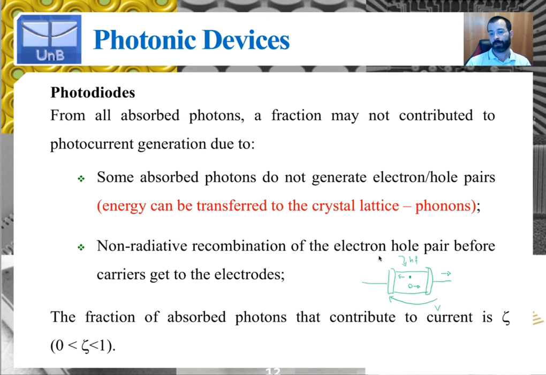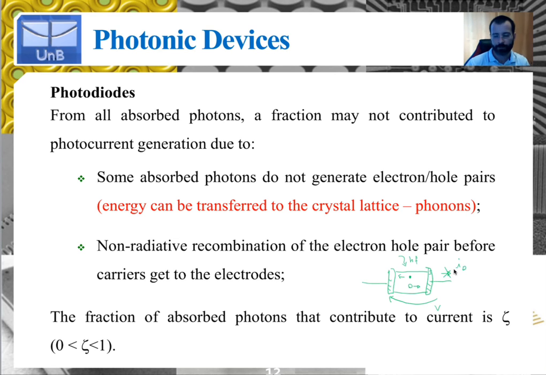But what can also happen is that in traveling along the device, this electron can recombine with a different hole, and this hole can recombine with a different electron, and therefore before they get to the electrodes at either end here, they could recombine, and in that case they would not contribute to the photocurrent at all, right?